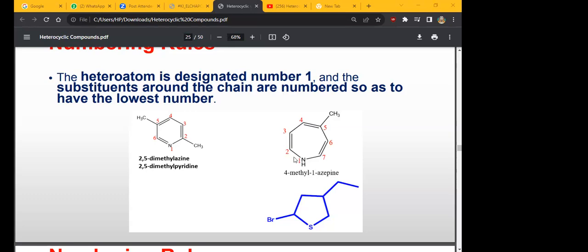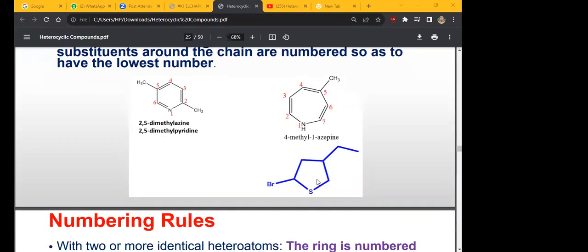So it should be this way. 1, 2, 1, 2, 3, 4. So here the methyl group is in carbon number 4, and then also 1-aze because of the position of where the heteroatom is, the nitrogen heteroatom.